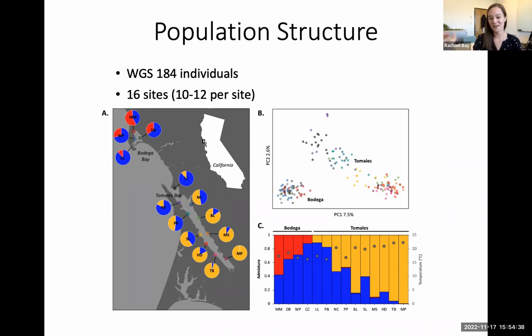So a lot of what we're picking up in a scan that looks at temperature is probably just population structure. And because the bays are oriented opposite from each other in terms of population structure, it makes sense that those would not predict Bodega temperatures. But population structure in Bodega is pretty limited. So I wonder if we're doing a better job picking up a signal of temperature in Bodega, and that's why those SNPs are more predictive, even though they don't overlap with Tomales.